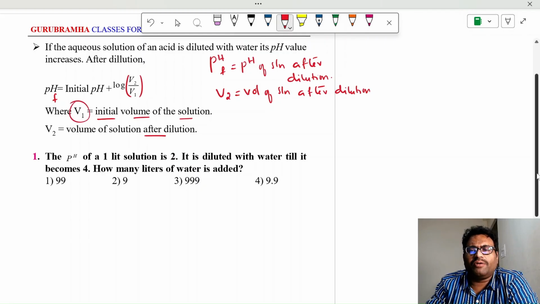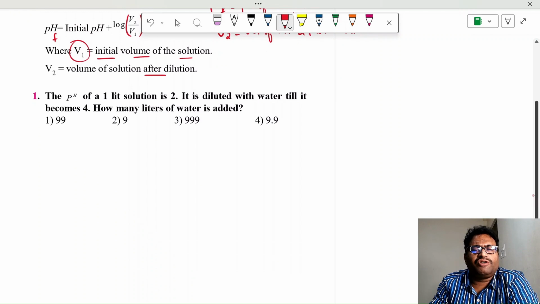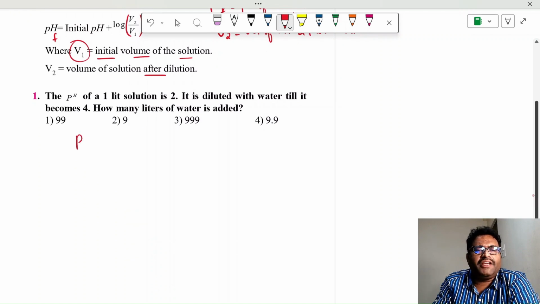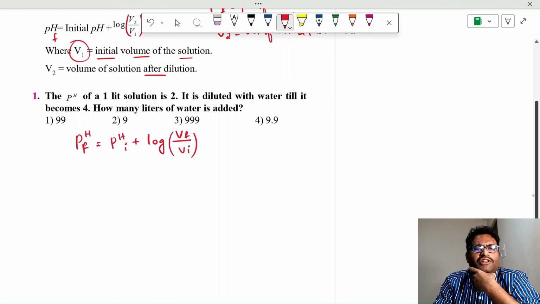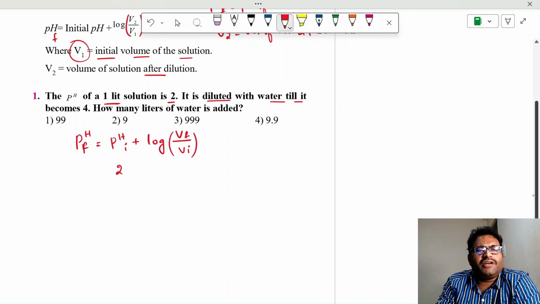Let us solve a problem. So what is the formula? pH final is equal to pH initial plus log V final by V initial. Now the pH of a 1 liter solution is 2. So initial pH is 2. It is diluted with water till it becomes 4.